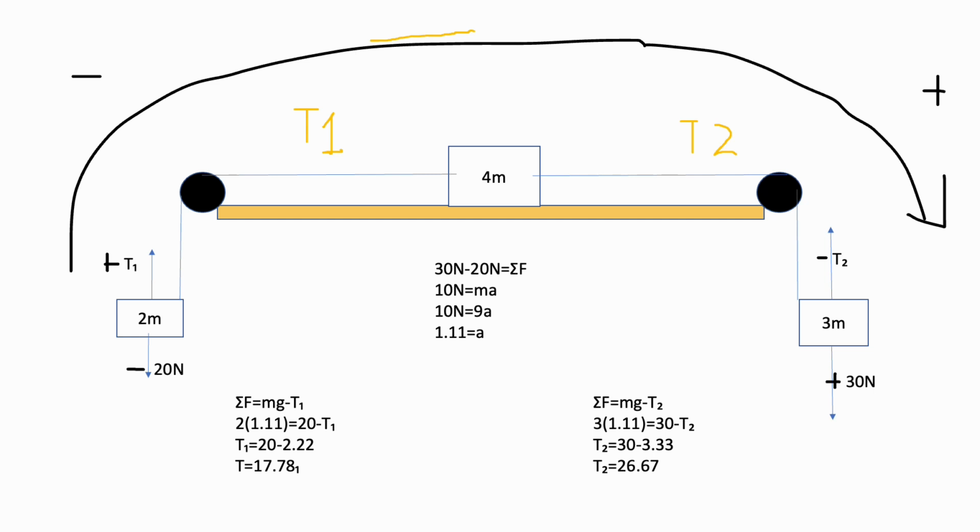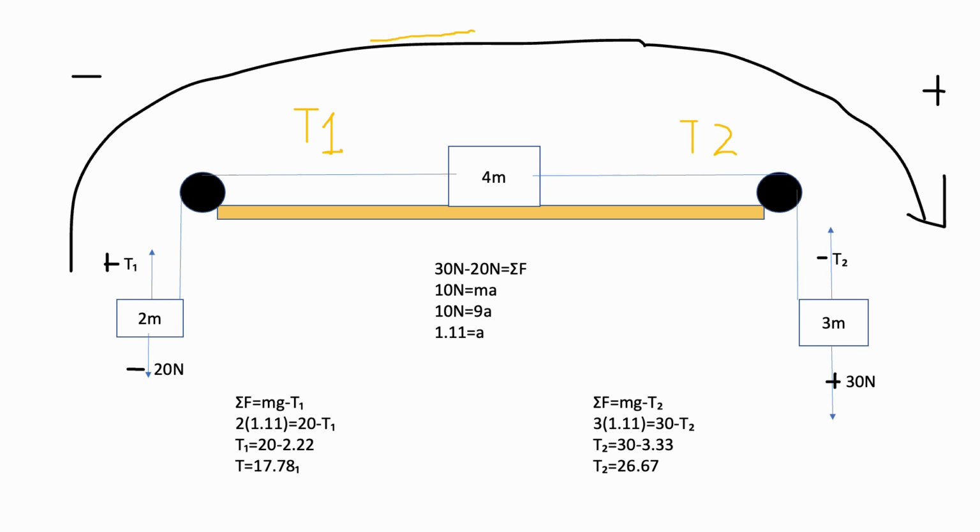Now we can plug that into both of our equations, where the net force equals mg of whichever particular block you're solving for the tension, and then you subtract the tension from that. The net force, of course, is m times a.